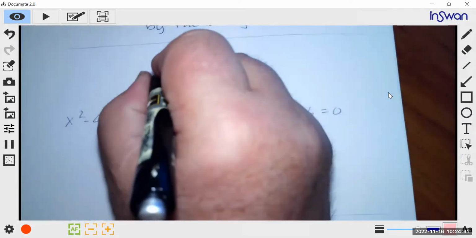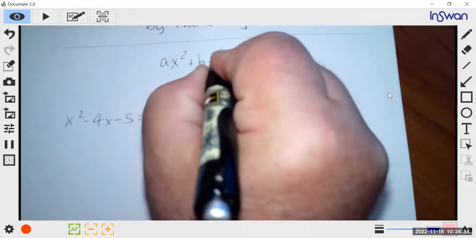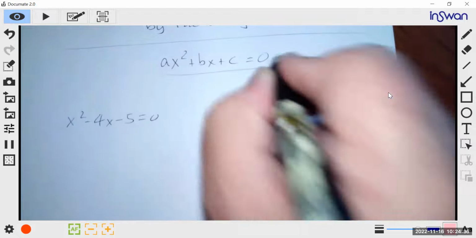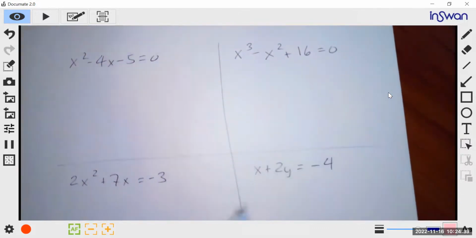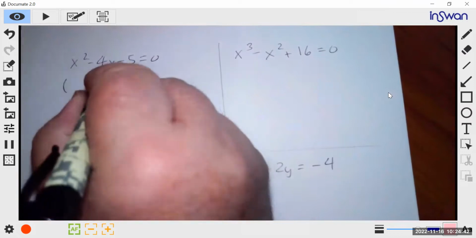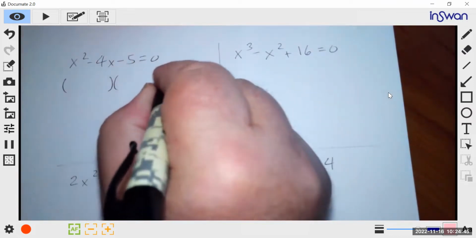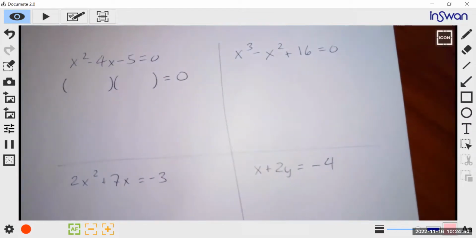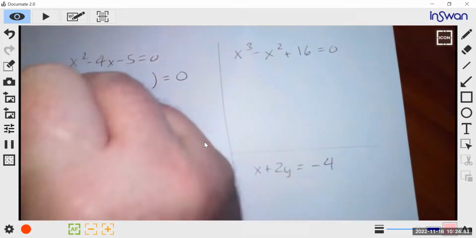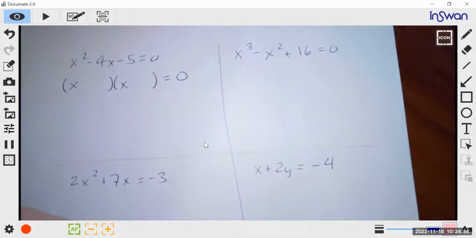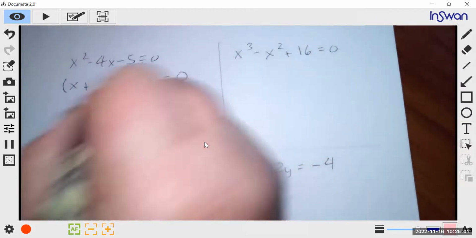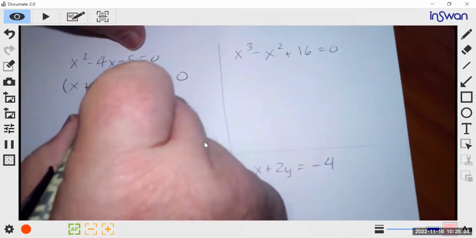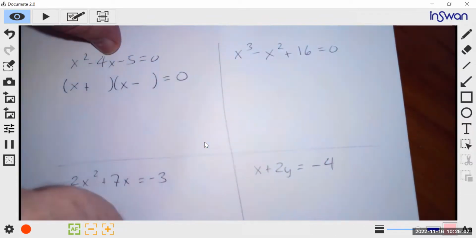Remember, you have to put your equation in standard form. This is what's called the standard form. Set equal to 0. So what signs go in the first one? Plus and minus. What times what is 5 when you subtract them, you get 4? 1 times 5, and where does the 5 go?